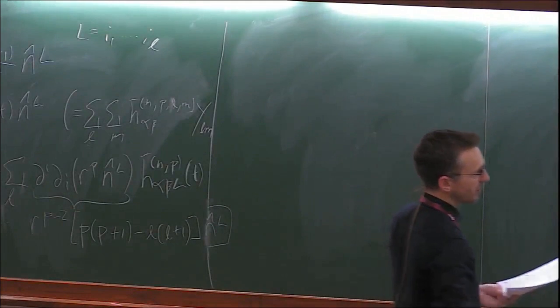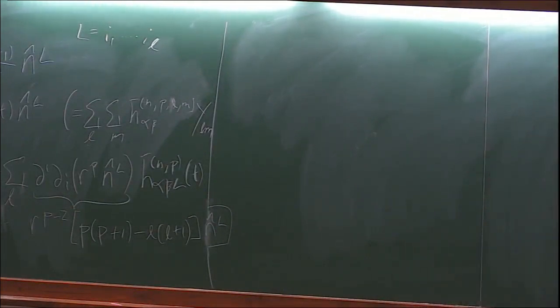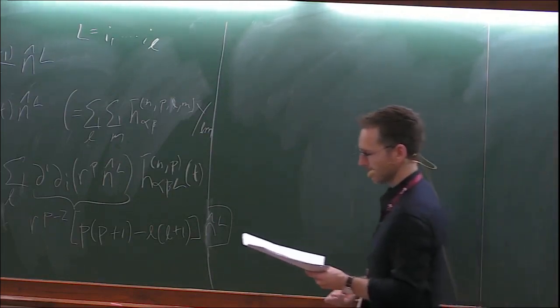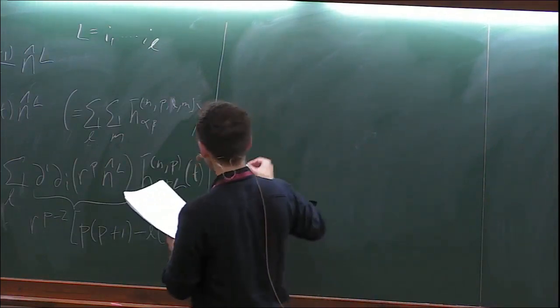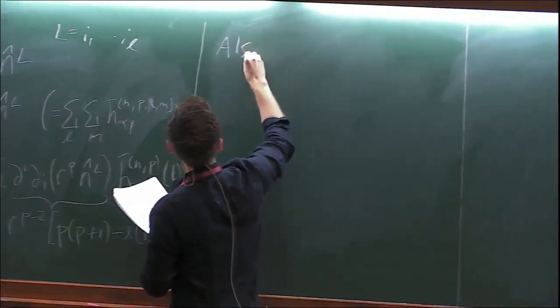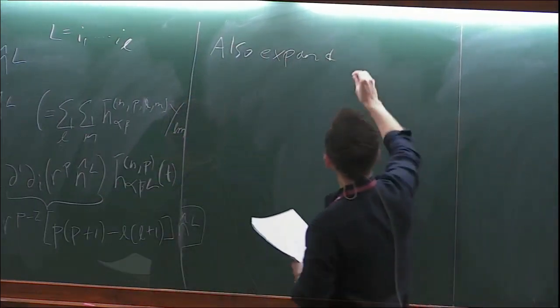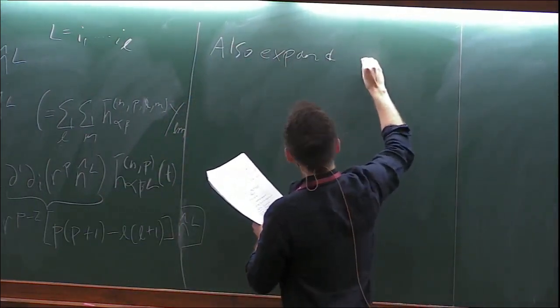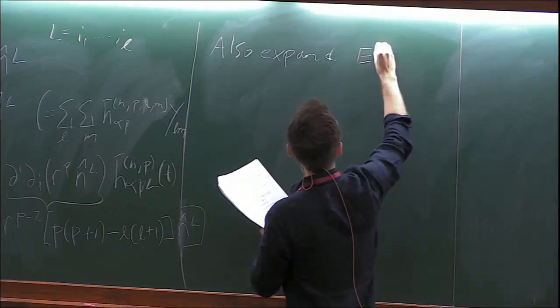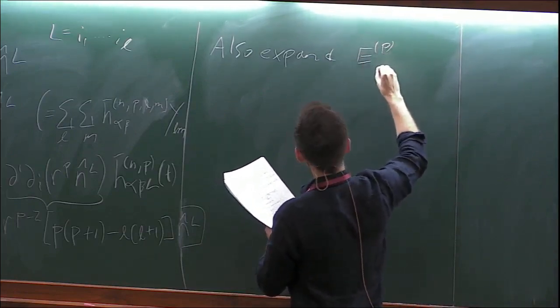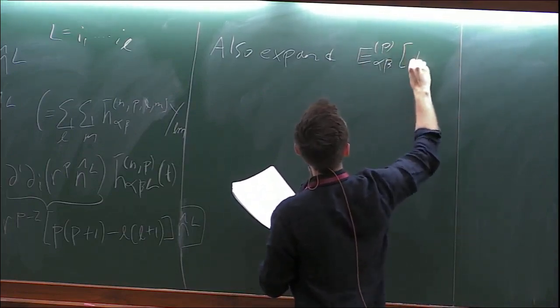So now let's also expand this right-hand side in the same set of harmonics. And in the concrete calculation, that's the hard part of the calculation. That's the part that's quite lengthy. Okay, so we're also going to expand E superscript P, alpha beta, H bar.